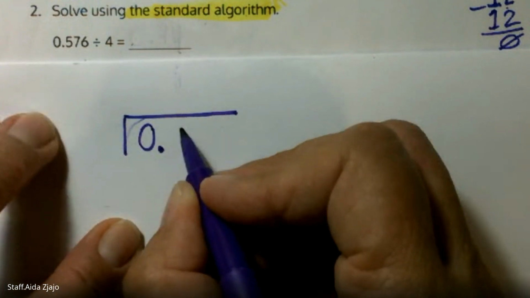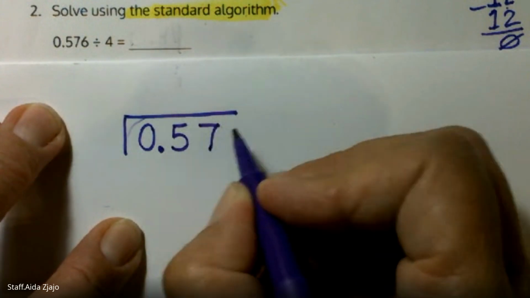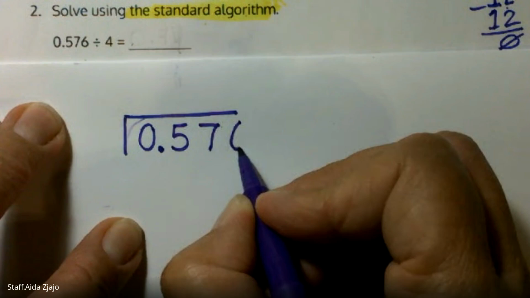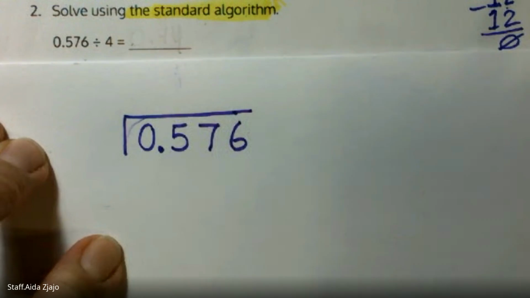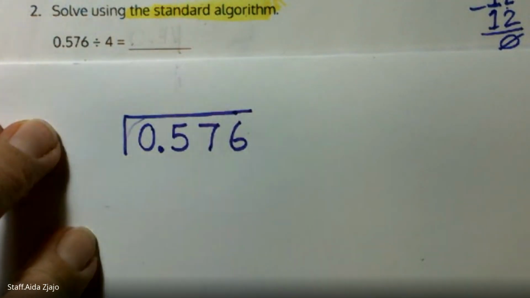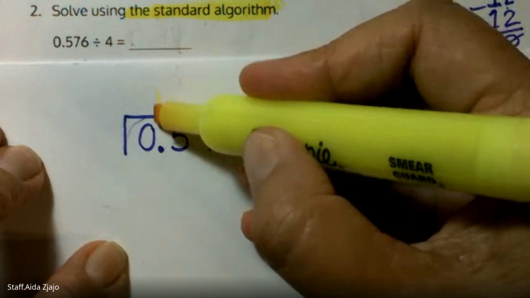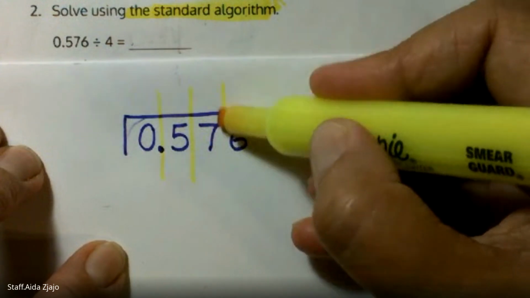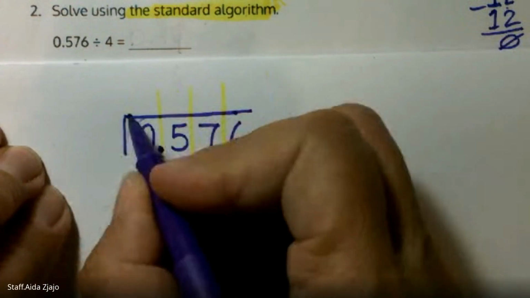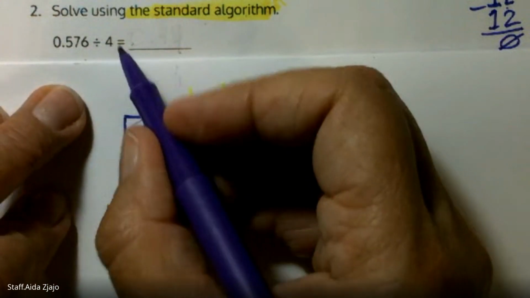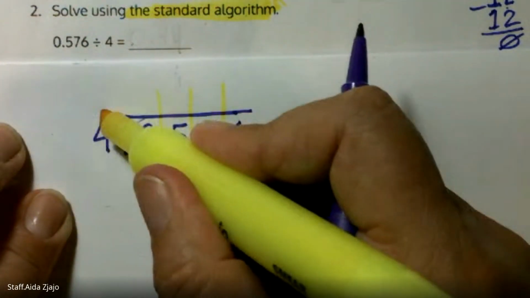You have lots of room, guys, so please don't make small, teeny tiny numbers that you can't even see yourself. So lots of room on your paper. Take advantage because you're going to make better work. So if I draw a line in between, I can say, okay, we're going to divide into groups of 4. So the group is going to be 4.